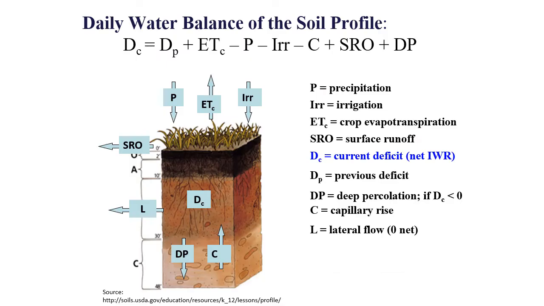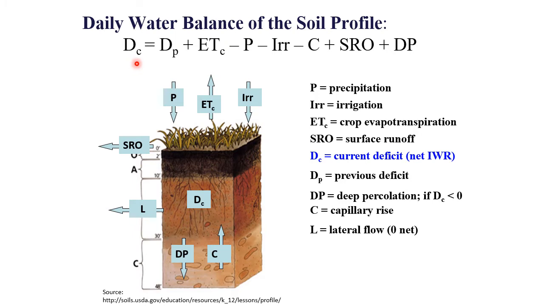When we use weather data in irrigation scheduling, we incorporate the weather data into the daily water balance of the soil profile. The daily water balance is tracked in terms of the current deficit, or what is called the net irrigation water requirement.